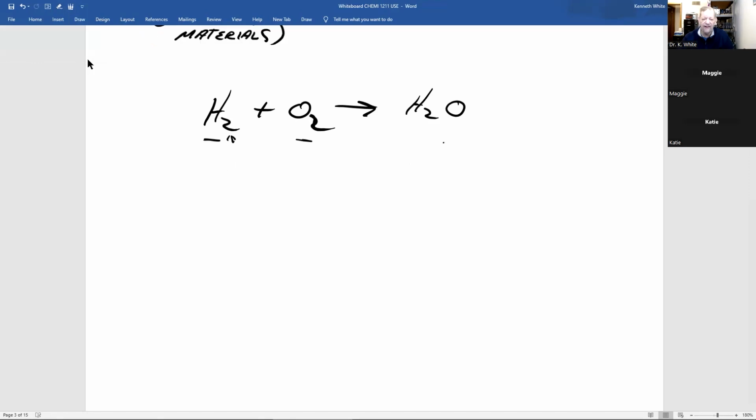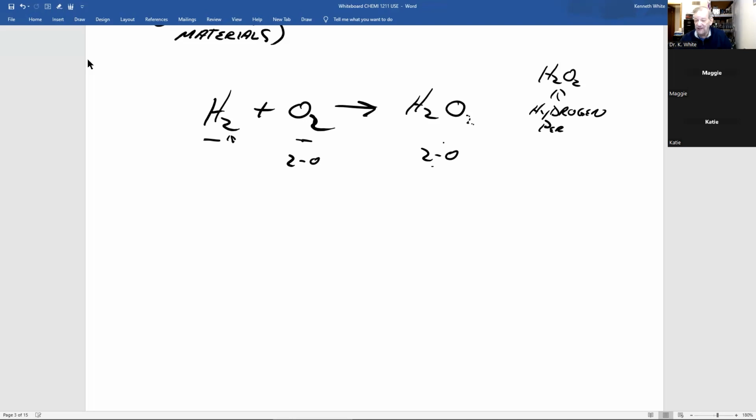So if we have one here and we have two oxygen here, I need to get two oxygen here. Why don't I just change the formula? Well, I can't change the chemical formula. Students like to put a 2 there, and this is a different molecule. That's not water. This is called hydrogen peroxide.